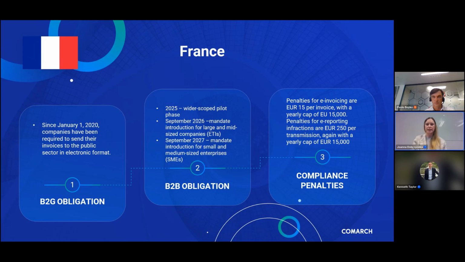And in France, there is going to be a very specific model because if the taxpayer connects directly to the governmental platform PPF, then this form of invoice exchange can be referred to as a centralized CTC model that I have already mentioned.